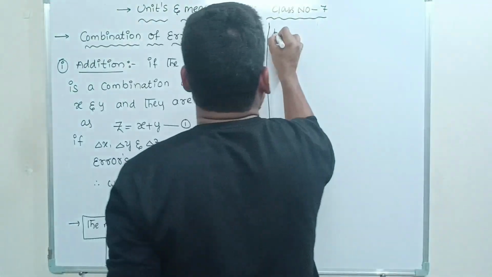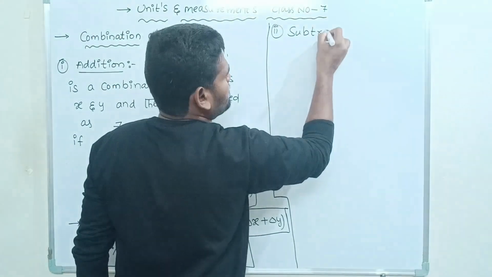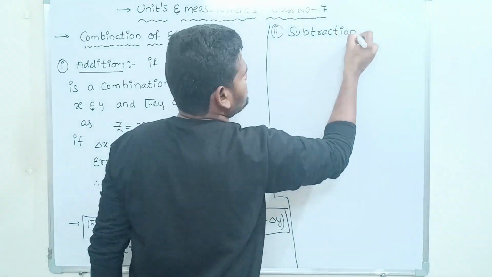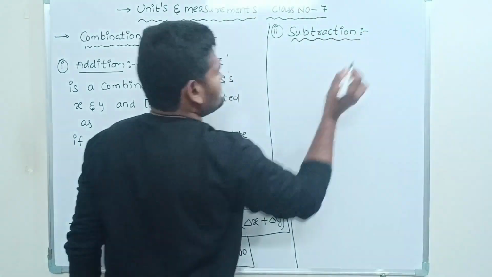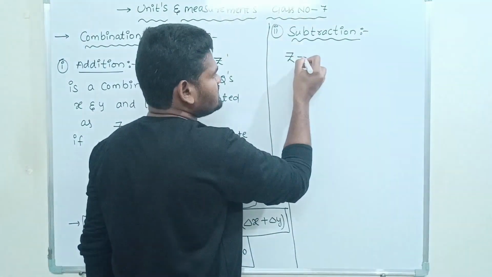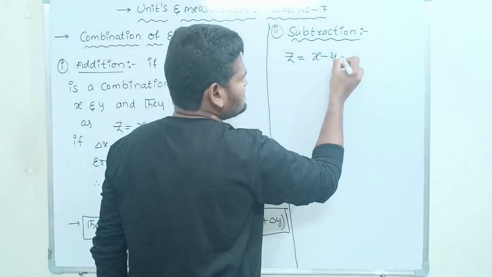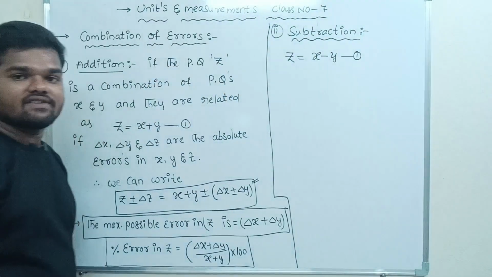Right, have a look. The second one, combination of errors in case of subtraction. Same relation I'm taking. So Z is a physical quantity which is related to the two physical quantities X and Y as X minus Y. Let us say this is equation number 1.